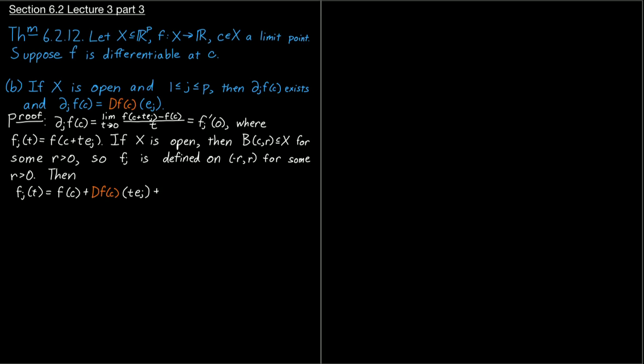Then we have to add to that the norm of tej times big F of c plus tej. And then a couple of things we can do, because df of c is linear, we can pull our t out front, all the way out to the front.